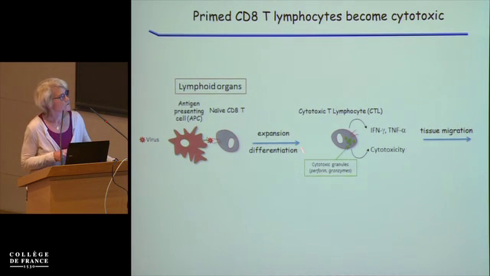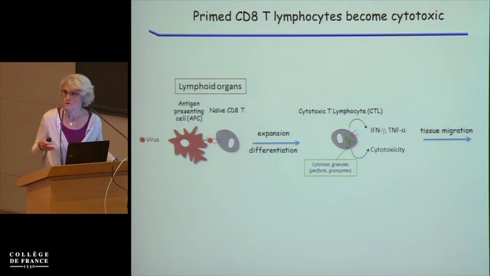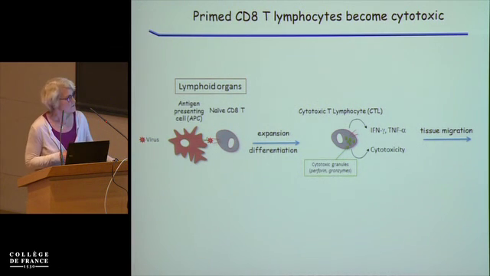And during this differentiation step, in the lymphocyte, lytic proteins like perforin and granzyme are synthesized and stored in cytotoxic granules, which will be the arm of the cytotoxic activity. And during this process, cytotoxic lymphocytes also gain the ability to secrete inflammatory cytokines like interferon gamma or TNF-alpha.